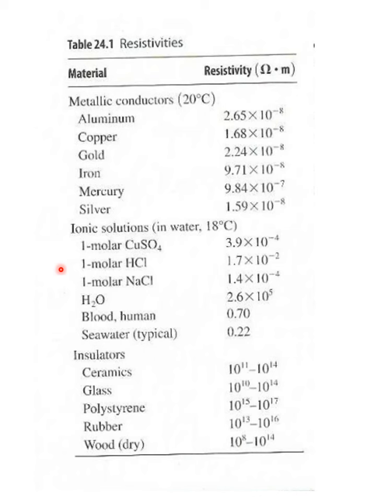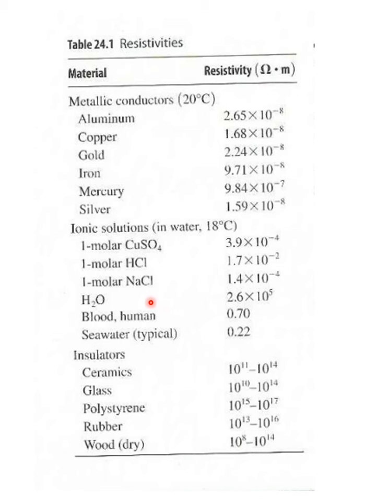Then you have ionic solutions in water at 18 degrees Celsius, and you can see they have more resistivity, meaning they're not as conductive as those metal conductors. But you can see, for example, hydrochloric acid, sodium chloride, so a salt solution with water, and on down.